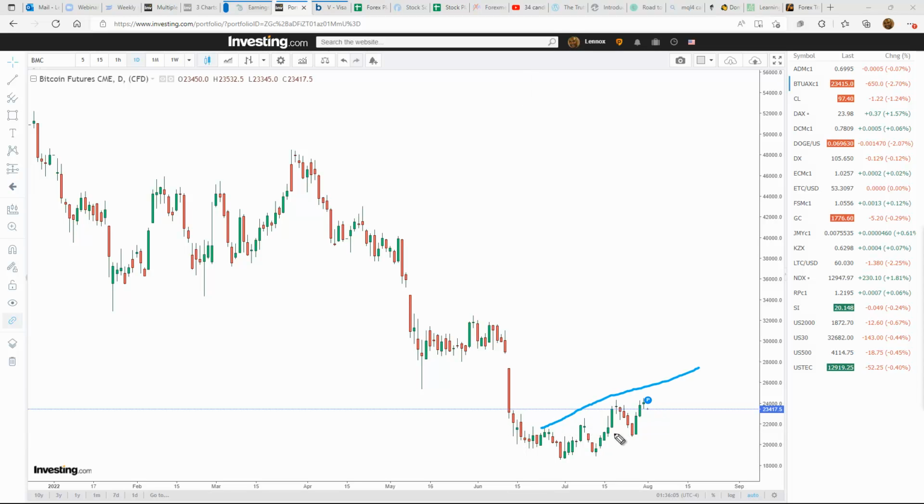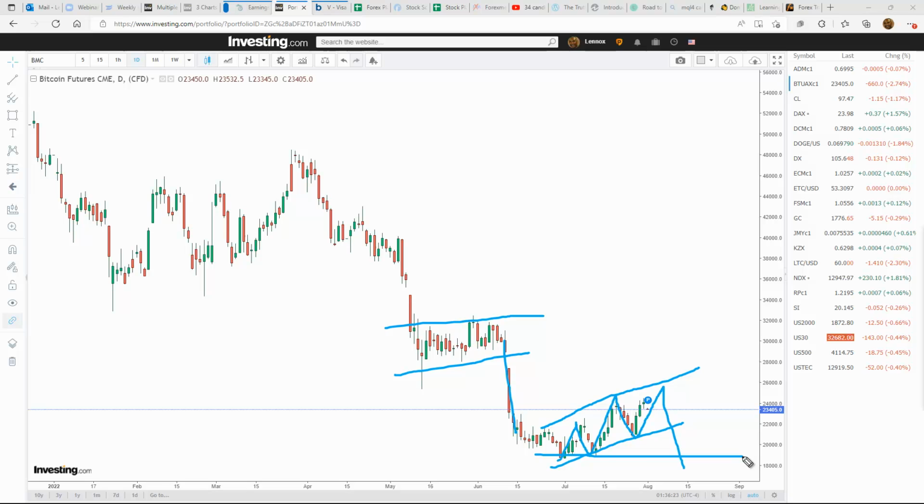We are in a channel right now, similar to this channel here. We chopped up and down in there and then fell through. I think that's a similar story here. We're chopping up and down, and I think we'll eventually fall through to challenge these lows, going below the previous low in the $19,000, $18,000 range.